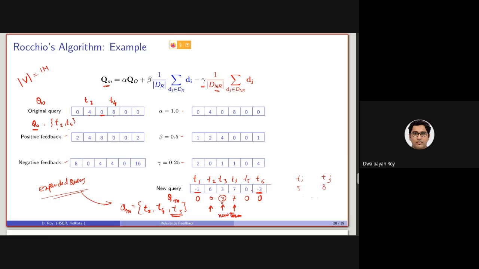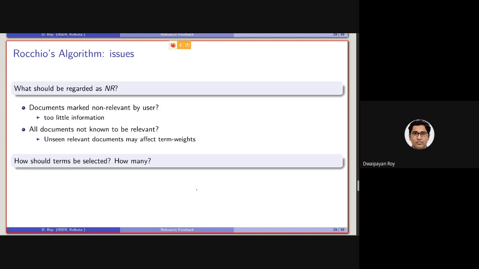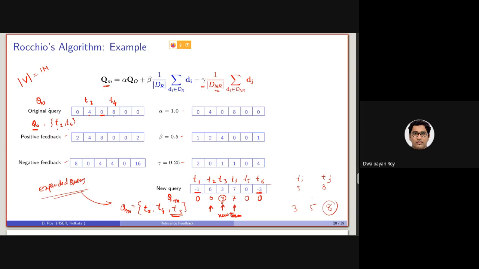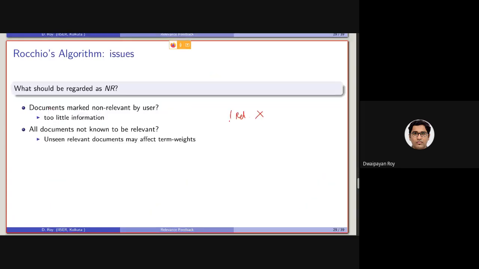So the new expansion term weights are 3, 5 and 8. We can sort them and consider the highest one, or the highest 10 or 20 terms, as potential expansion terms. Finally, practically we have seen that adding 50 to 100 new terms to the original query results in better retrieval.